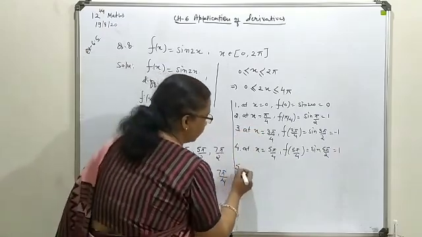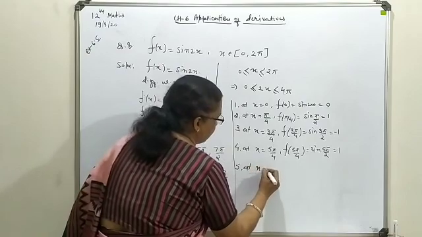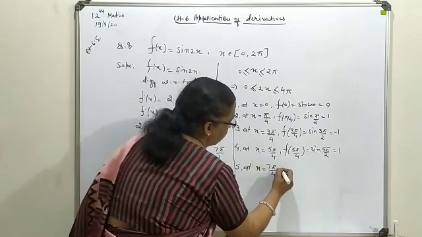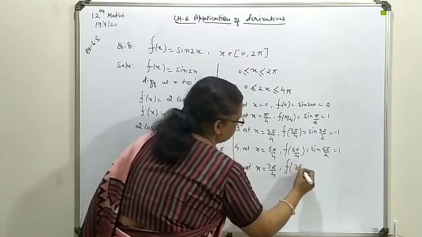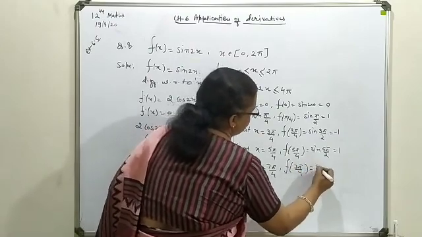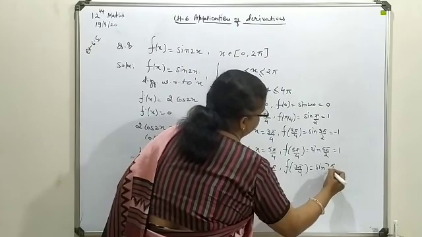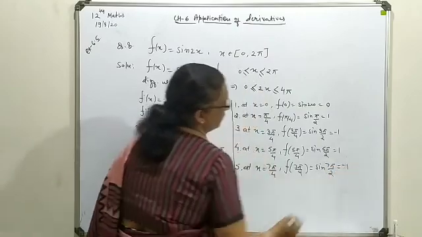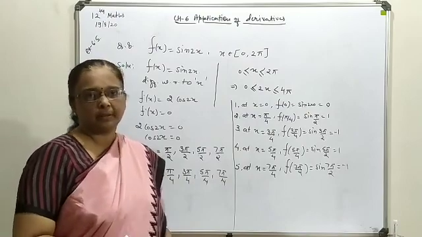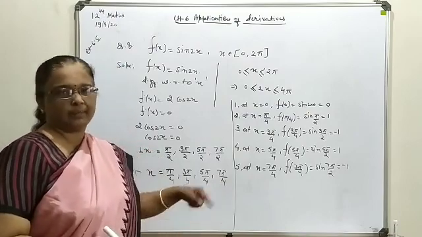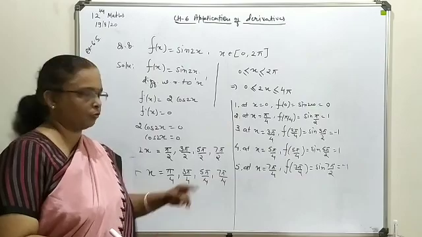Now the fifth one, at x is equal to 7 pi by 4, this means sine 7 pi by 2. This will give you a solution of minus 1. It will come out as 2 pi plus 3 pi by 2 finally.